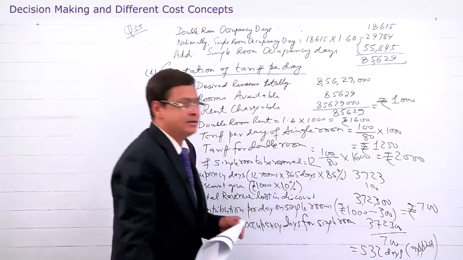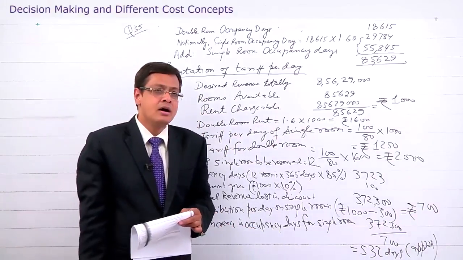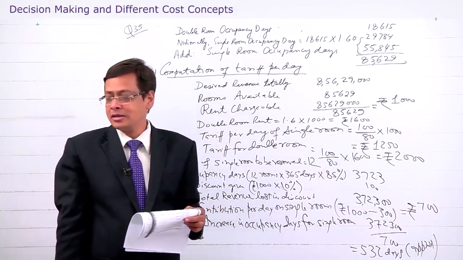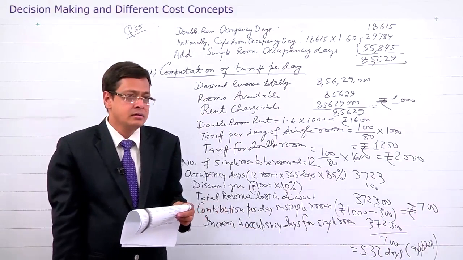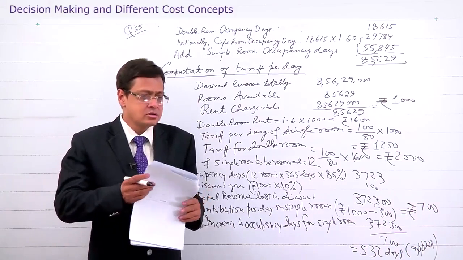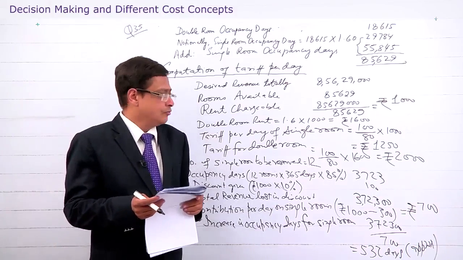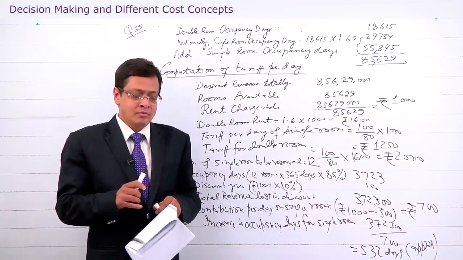Days has to be complete, so you round it to the higher figure. So these many number of days, which is 532 days, is required to cover for loss of discount to the valued customer. So friend, we have finished decision number 20.